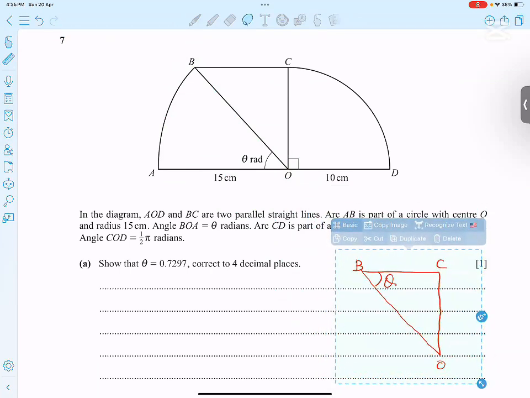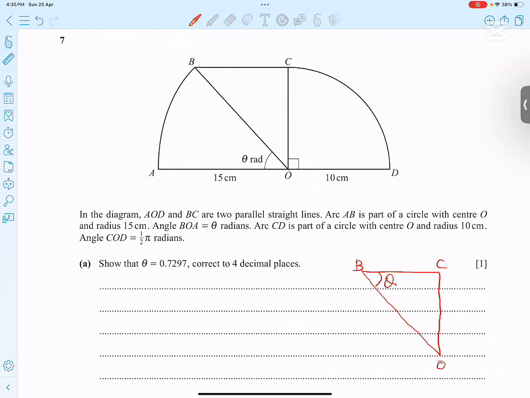Now students, if you look carefully, this is 10, this is actually the radius, so this turns out to be 10. And this is 15. Now in front of theta is opposite, and in front of 90 is the hypotenuse. So sine theta is equal to 10 over 15, and theta is equal to inverse sine of 10 by 15.